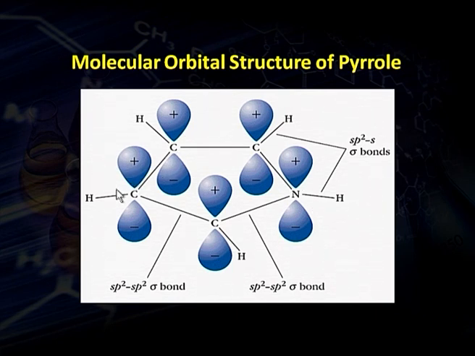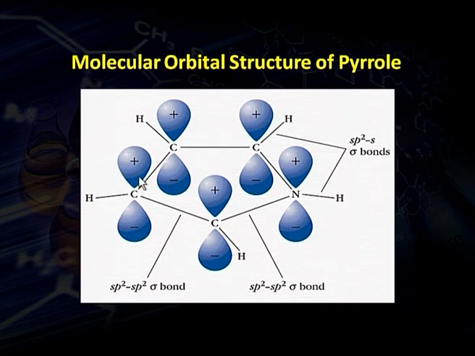The p orbital of each carbon atom has 1 electron, as we have already studied, and the p orbital of the nitrogen atom has 2 electrons on it. These orbitals overlap each other and form a ring pi electron cloud above and below the ring of the compound.